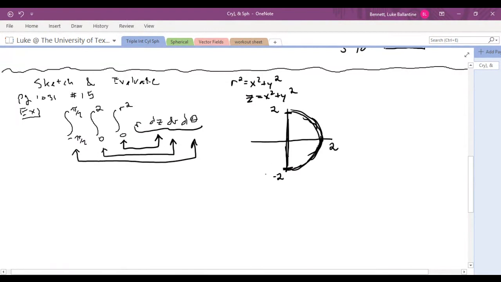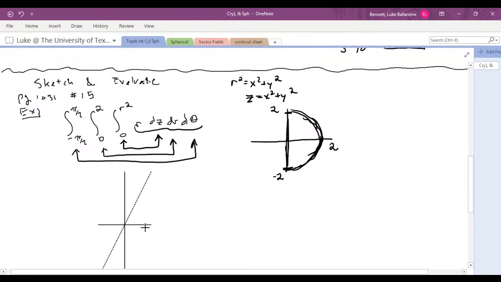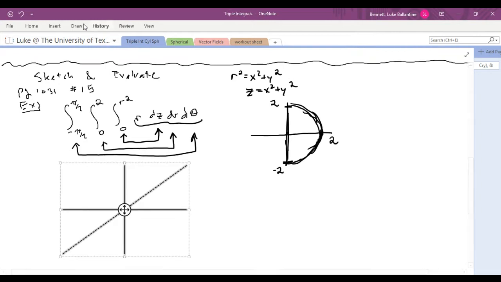So what does this look like in R3? We have negative pi over 2 to pi over 2 on our theta bounds.